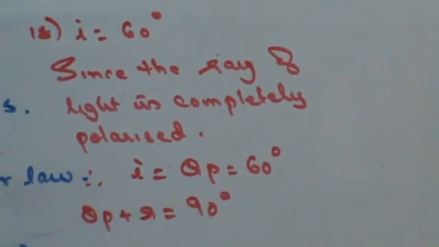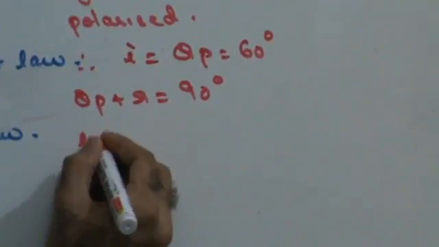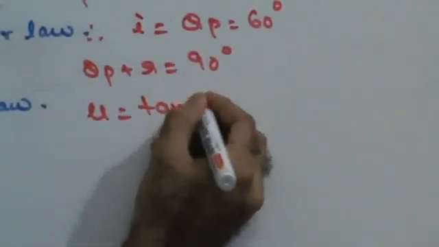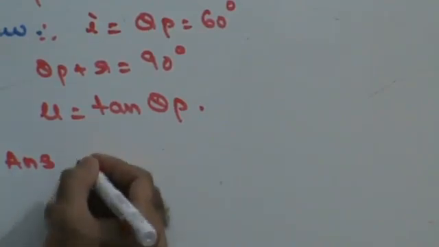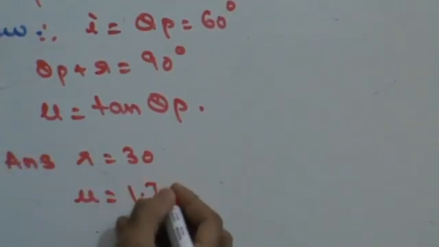Polarizing angle plus angle of refraction should be equal to 90 degree. Once I have this, I can also find out refractive index. Refractive index is nothing but tan of polarizing angle. So you should get all these answers. Answer for this sum should be, your angle of refraction is going to be 30 degrees and refractive index is going to be 1.732.